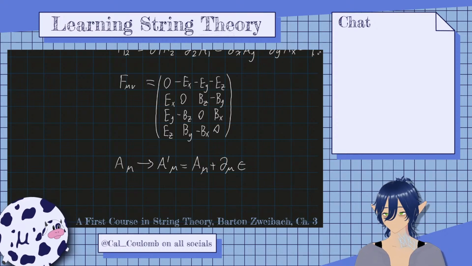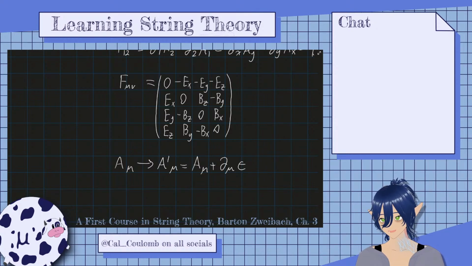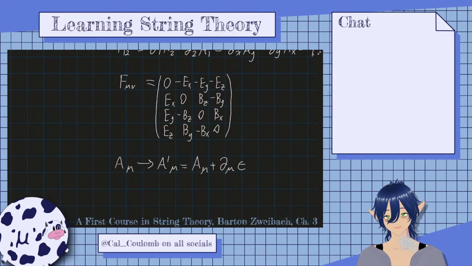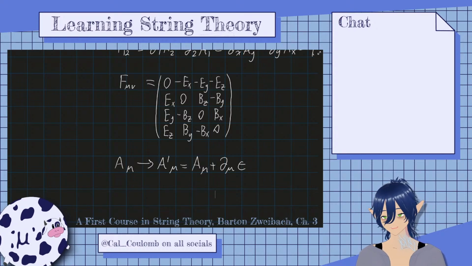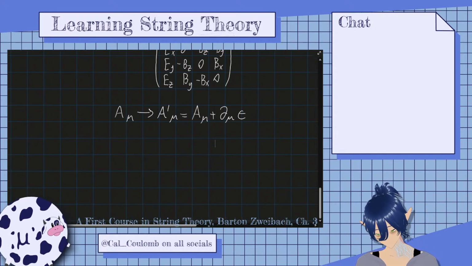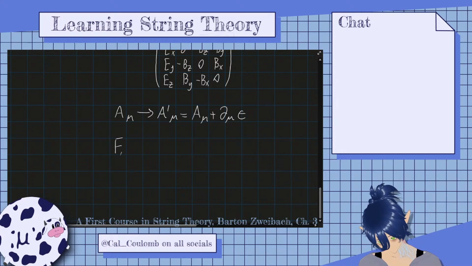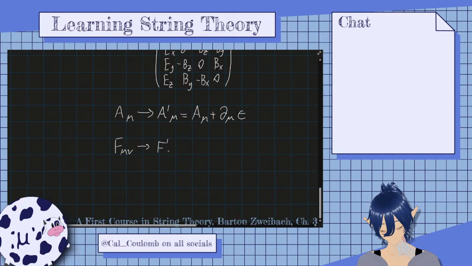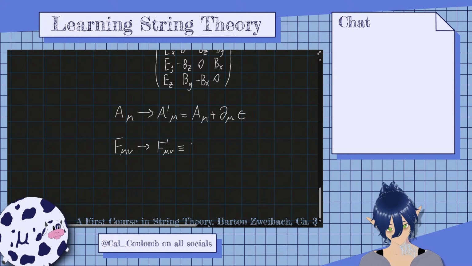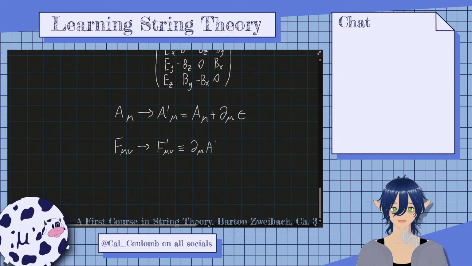All right. Since gauge transformations leave E and B fields invariant, the field strength F mu nu must be gauge invariant. Indeed, we readily verify that F mu nu goes to F prime mu nu, which is defined as partial mu A prime nu minus partial nu A prime mu.